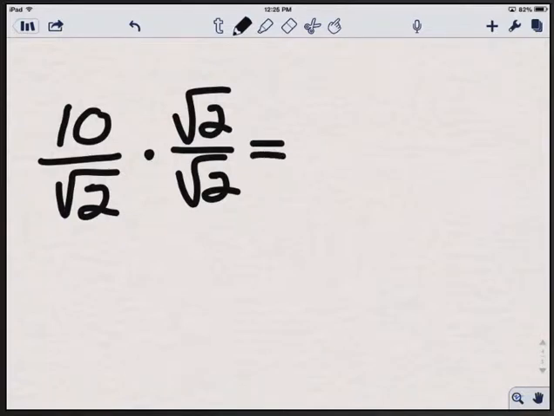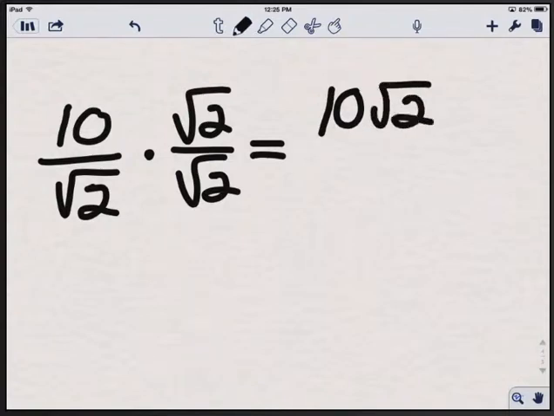In the numerator, I now have a rational factor, 10, times an irrational factor, the square root of 2. I can't really multiply them together any better than to just say they are two separate factors. And you always want to write the rational factor first, so it's 10 times the square root of 2.